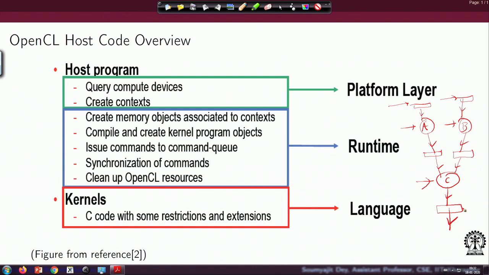So I need a sequence of commands somewhere, because if the commands are set up in a wrong way, then everything is going to go wrong. So this leads me to the idea of what we call a command queue, through which all these commands will be sequenced, and that will provide a specific order in which the operations have to be carried out, so that the required functionality is actually implemented.